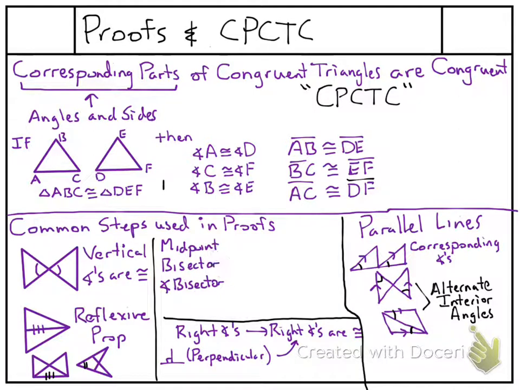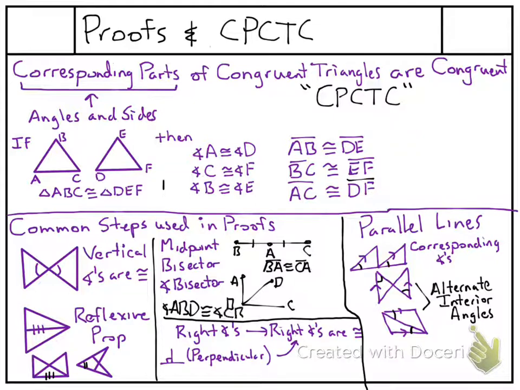We also get midpoint, bisectors and angle bisectors. Now midpoint and segment bisector are the same idea. So if I have a segment and then I'm told that a point is a midpoint, I know that I could then set those 2 parts, so in this case BA is congruent to CA, and our reason would be definition of a midpoint. If we have an angle, say ABC, and it has a bisector, let's say BD, I would say that angle ABD is congruent to angle CBD.